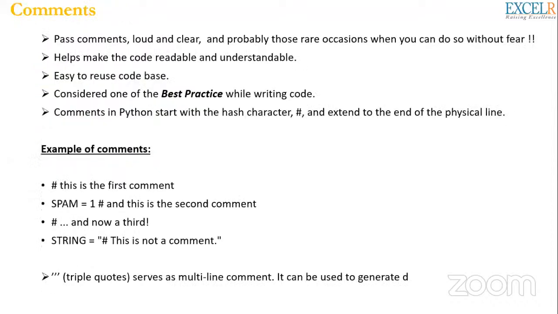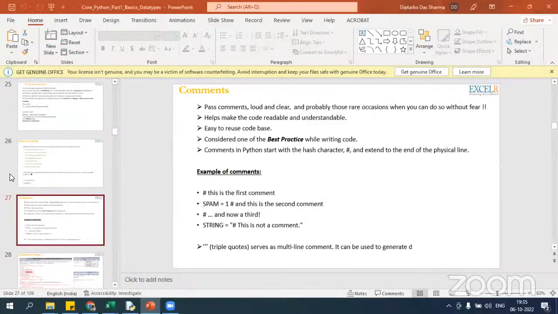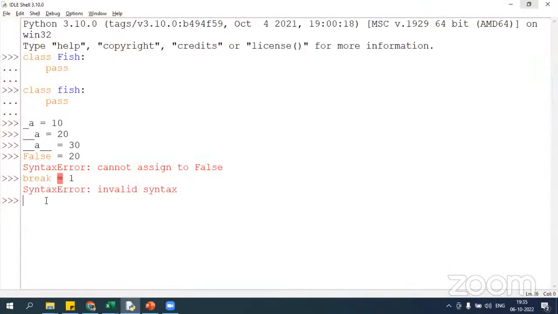Done. Next is comments. Before I tell you what comments mean and what they do, I want you to understand one thing, friends: a good programmer is not one who writes tons and tons of code, but one who can write meaningful code and explain it with proper words as well.